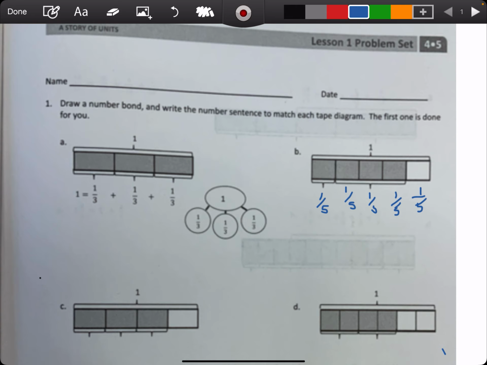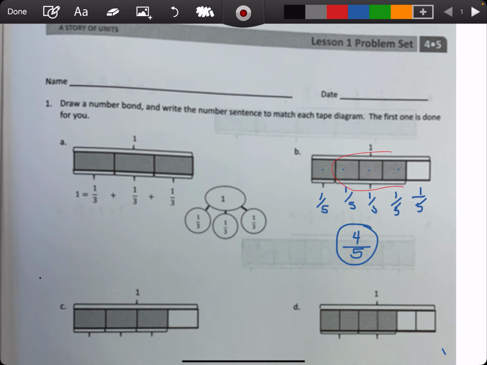Okay. Now, how much is shaded in of the whole? Well, shaded in is 1, 2, 3, 4. 4/5. So that's the top of our number bond, right? Now, what is branching off of our number bond? Well, this is where you need to look closely. When you look closely, you'll see they've grouped this 1/5 by itself.